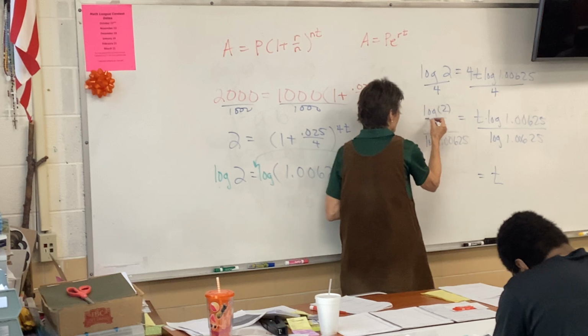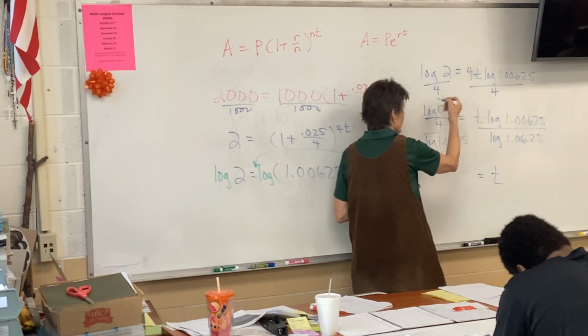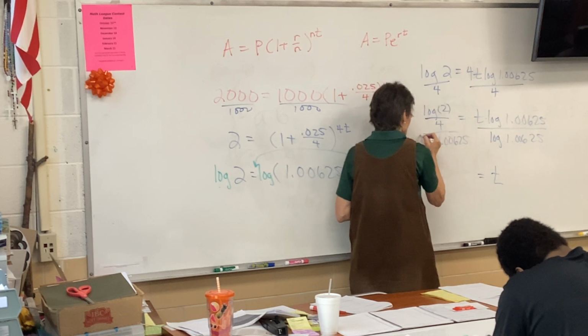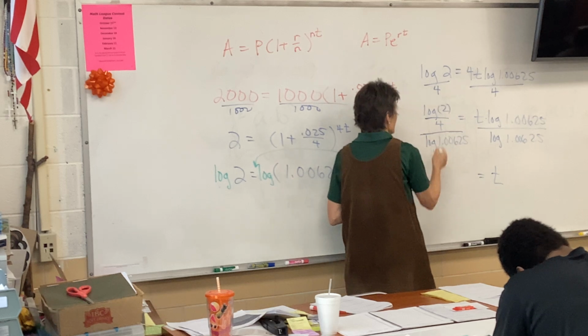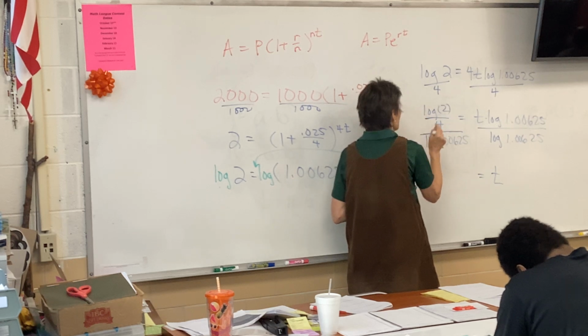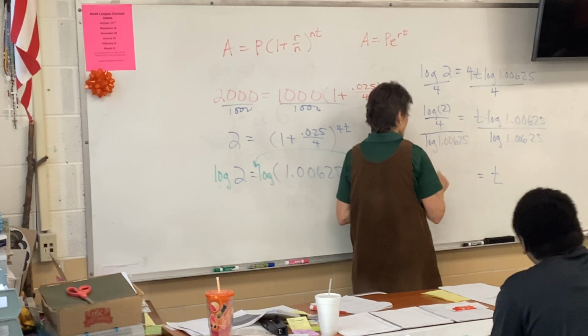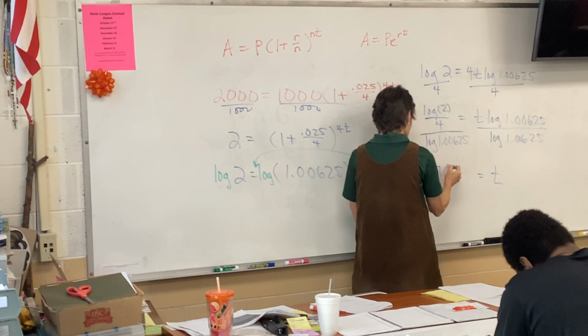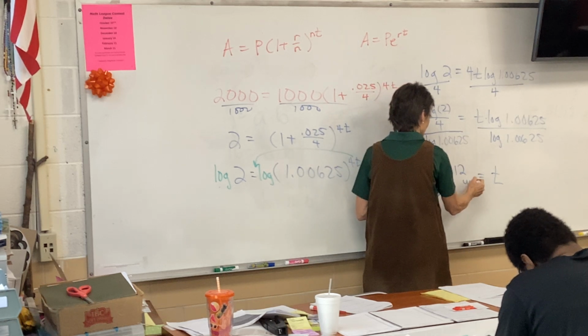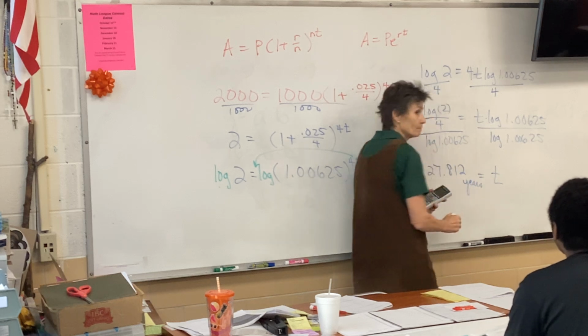So you're going to hit log 2 divided by 4, because that's what you said you needed to do, divide by 4. And then you need to do another division. So log 2 divided by 4, divided by log 1.00625. And did you get 27.812? Yep.